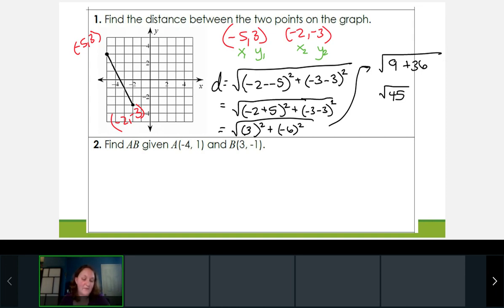When you did the Get Ready for Geometry module the first week of school, one of the lessons in there was how to simplify a radical. If you didn't do it, you skipped it, or otherwise, you're going to want to go back and review how to simplify a radical. I'm going to simplify the square root of 45.